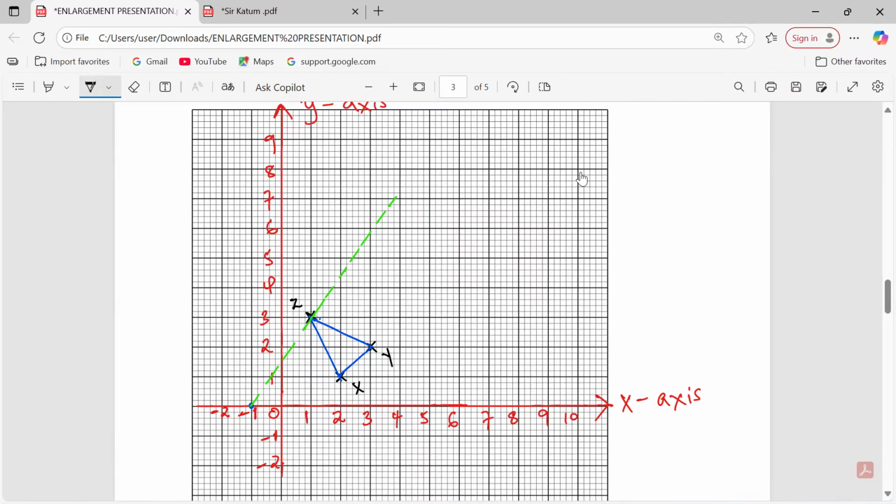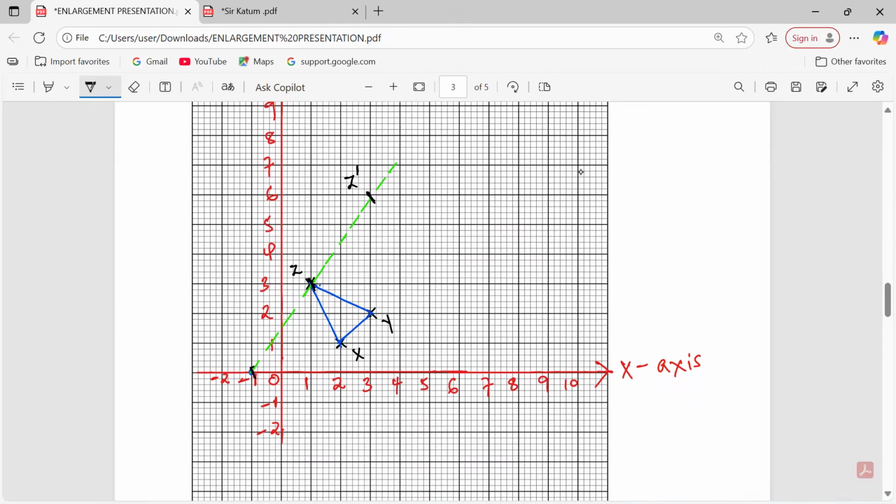I come to the center and say, the distance from the center to Z prime should be twice the distance from the same center to Z. Therefore, from the center, I have once the point where Z is, then twice the same distance, so that Z prime will be at that point.